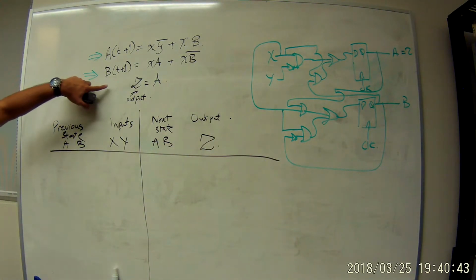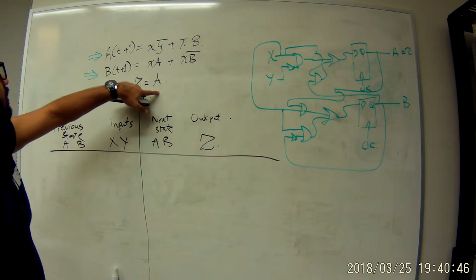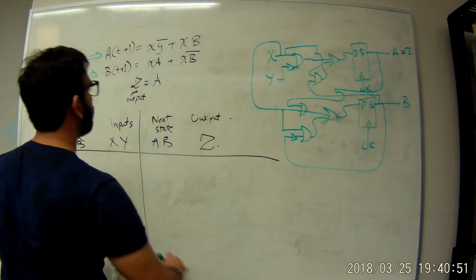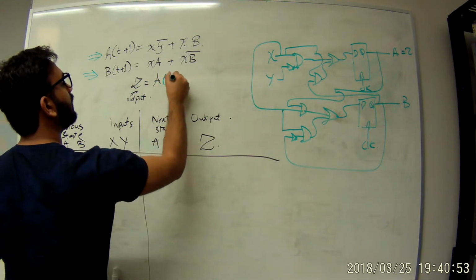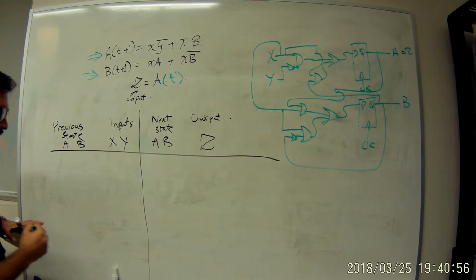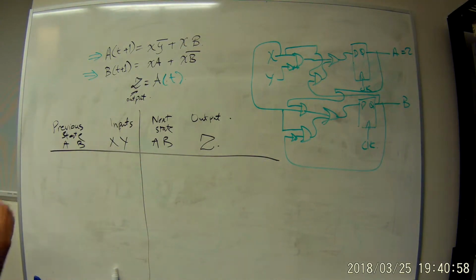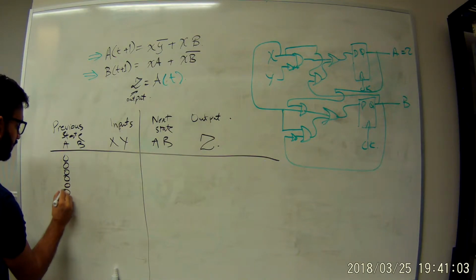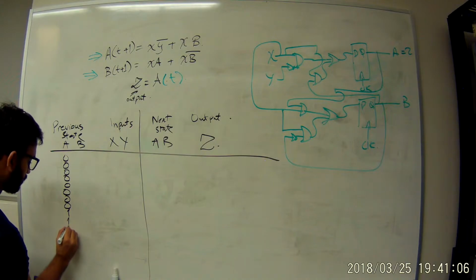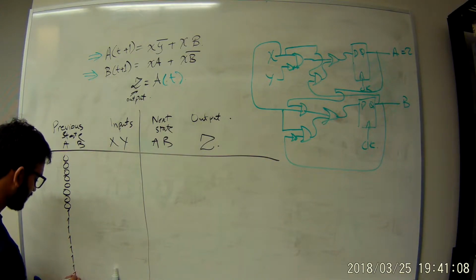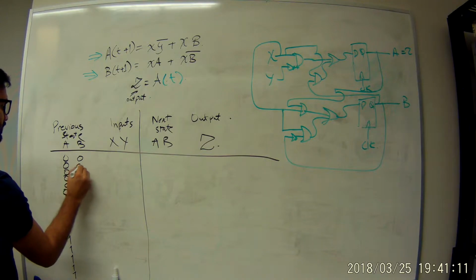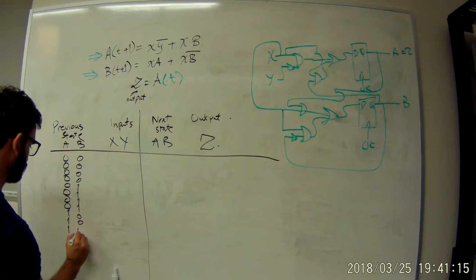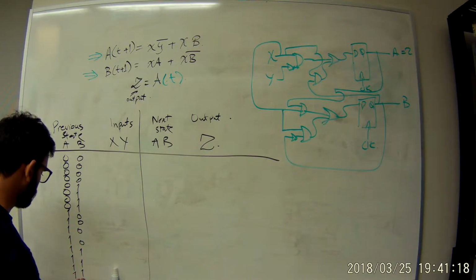Notice over here, it says Z equals A, which is equivalent to A(t), the previous state. Just because it says A, it means the previous state. So for the 16 cases, I'm going to have zeros, 1, 2, 3, 4, 5, 6, 7, 8 here.